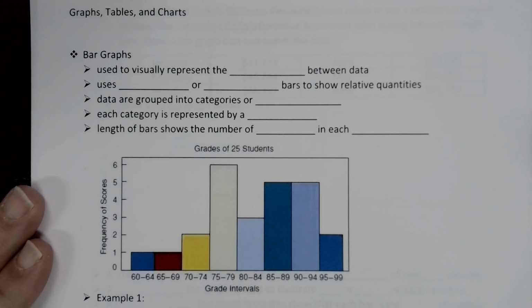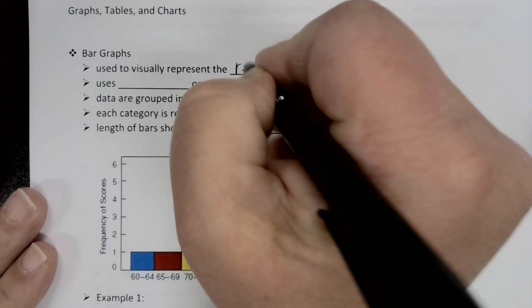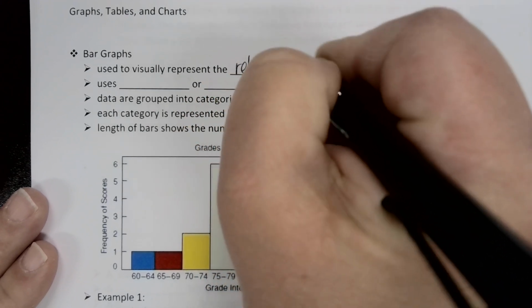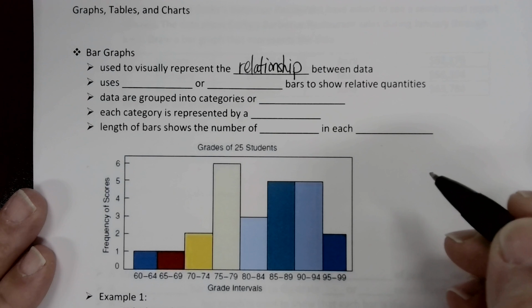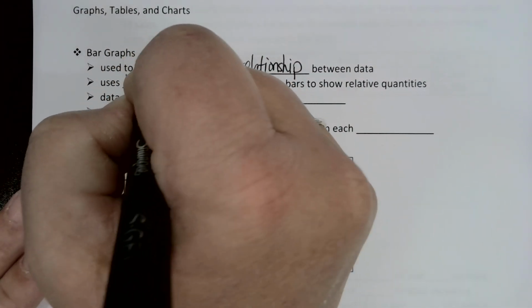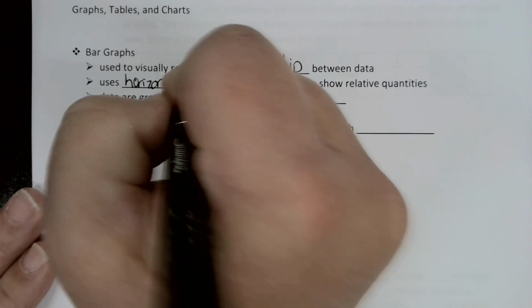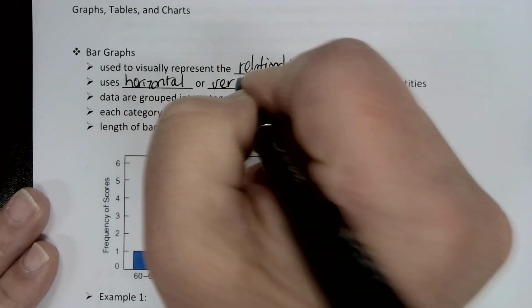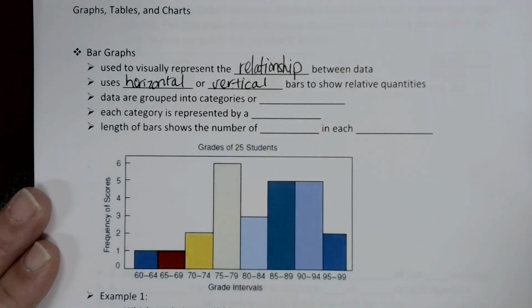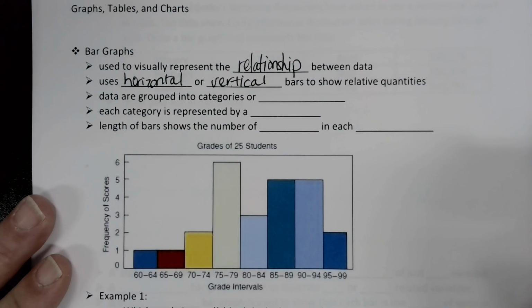They are used to visually represent a relationship between data. They use horizontal or vertical lines, bars, to show relative quantities.